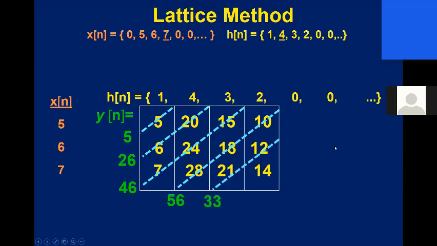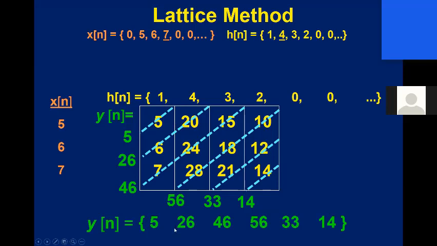So basically, we're using the diagonals to do what the column shifts were doing for us in the sum by column method. This is a bit more compact, though, and as long as you draw your diagonals right, you'll get exactly the same answers. And all the same rules apply. We know the starting index for the first one coming out of the first diagonal is governed by the same rule. N start is X start plus H start.